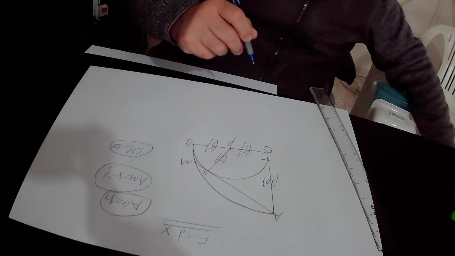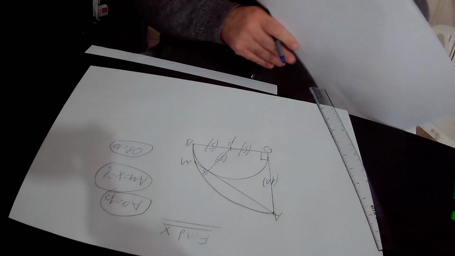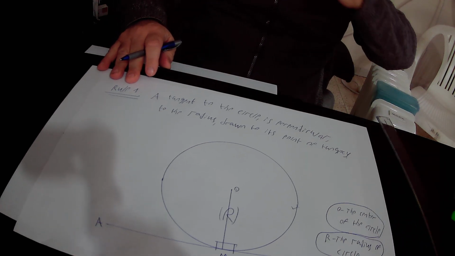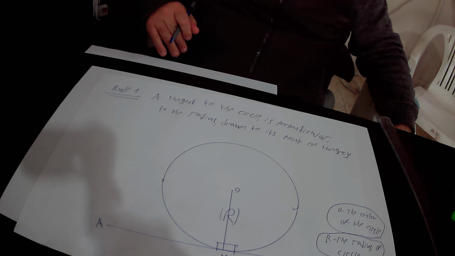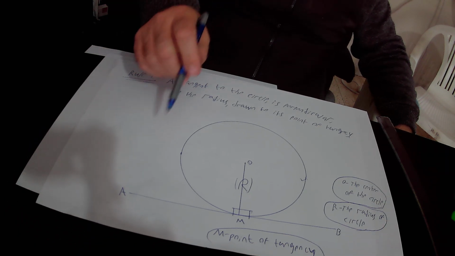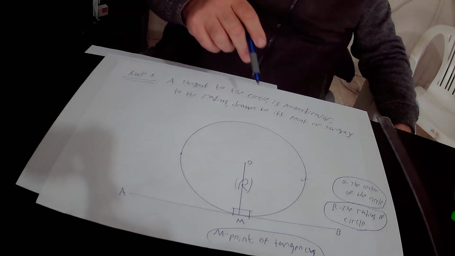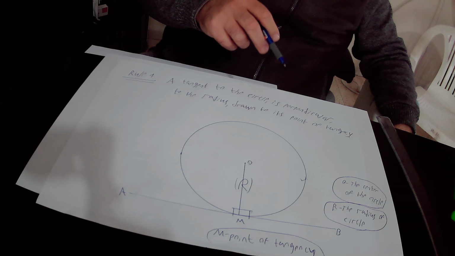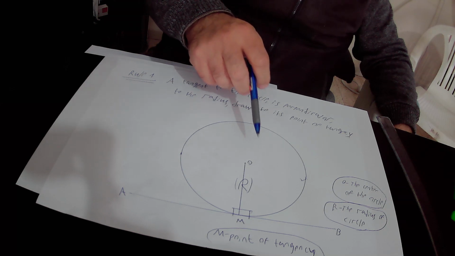Here we have rule number 1. According to rule number 1, a tangent to the circle is perpendicular to the radius drawn to its point of tangency. Here we have tangent AB, tangent to this circle at point M. Point M is the point of tangency. And we have the radius OM.